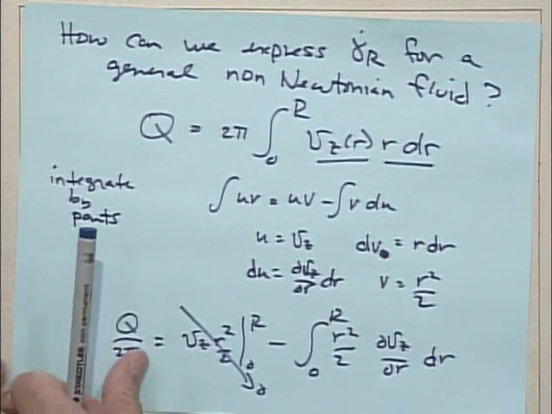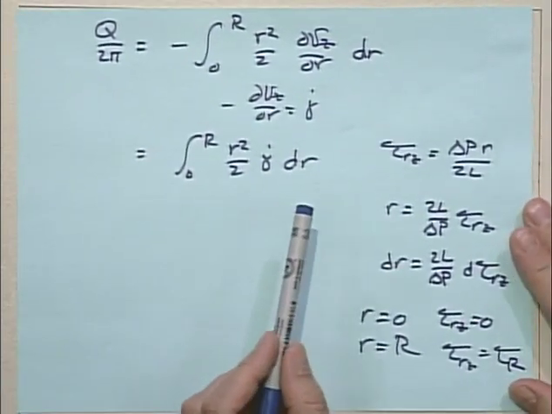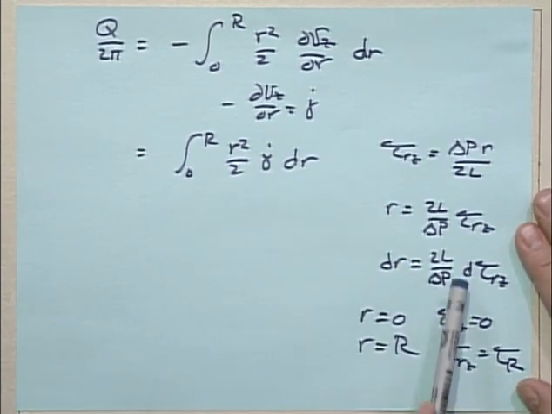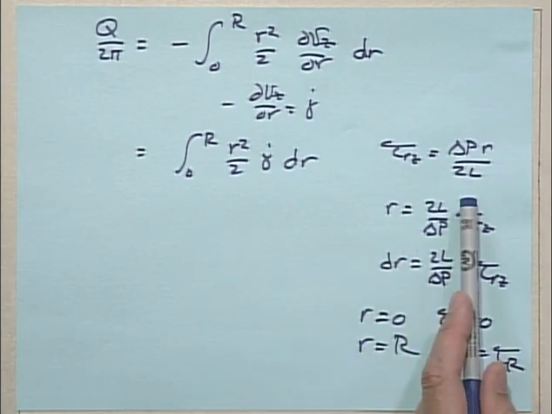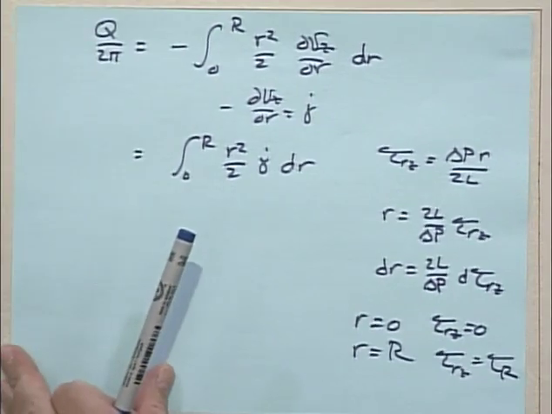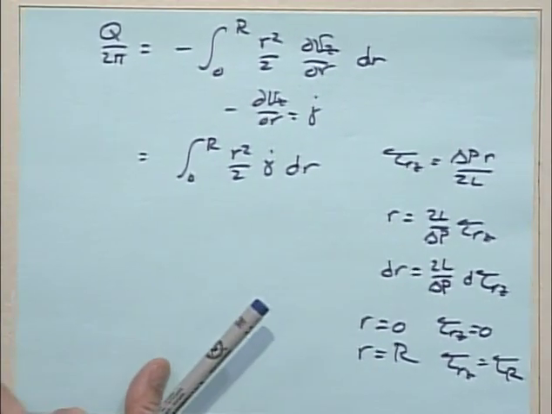Once we made the shear rate appear, we did a transformation of coordinates so that the r coordinates became stress coordinates through the expression delta P R over 2L for the stress. So we took flow rate versus velocity and turned it into an expression related to shear rate and stress.